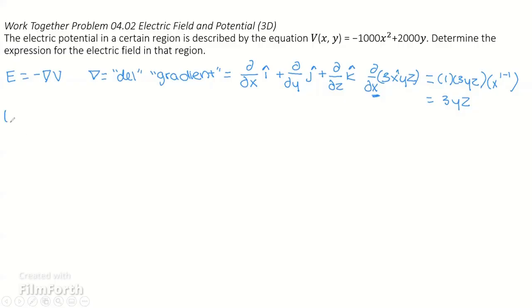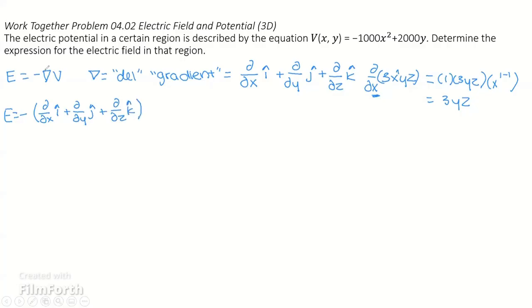So we have E equals negative del, and we just write out that expression there, ∂/∂x i hat plus ∂/∂y j hat plus ∂/∂z k hat.